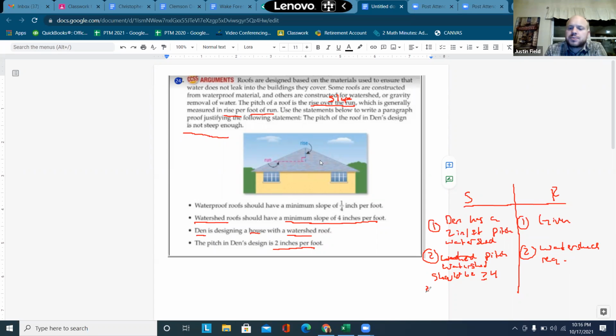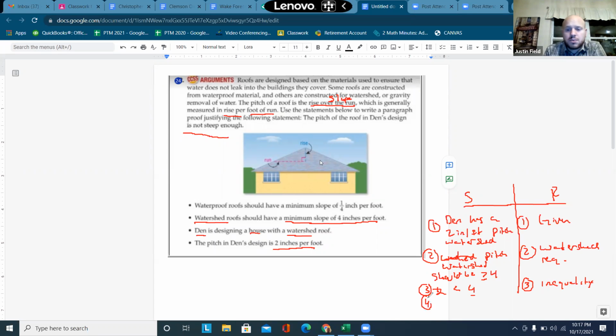And so 2 is less than 4, and that is just the inequality.